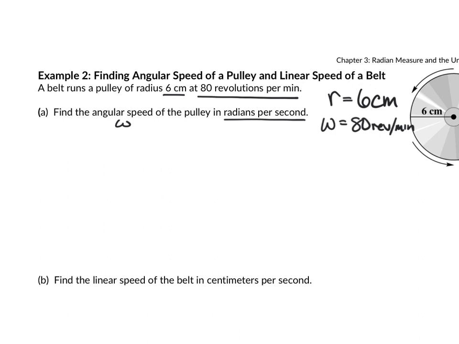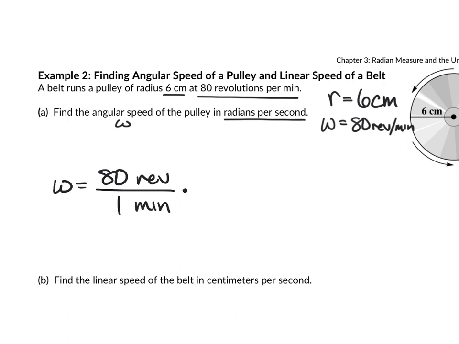So we need to take the number they gave us for angular speed and just change the units. Because I have angular speed, it's just in the wrong units. So we're just doing a bunch of conversions here. We're going to take omega, which we wrote to be 80 revolutions per 1 minute, and we're going to convert it to radians per second.